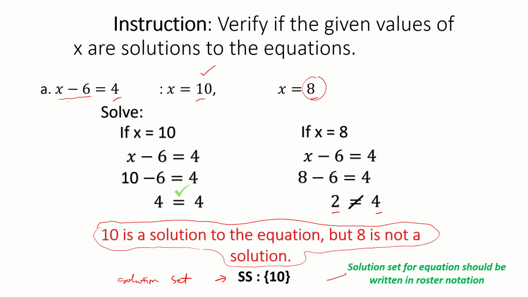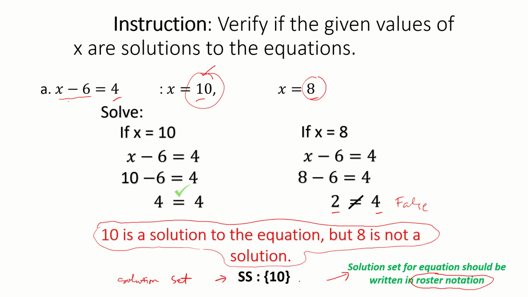Our solution set must be written in roster notation. This means we will really list down the values of x that will make it a true statement. And for now, it's only 10. It can't be 8; we will not put 8 here because, as we saw, the result is false if our x becomes 8. So let's be careful.